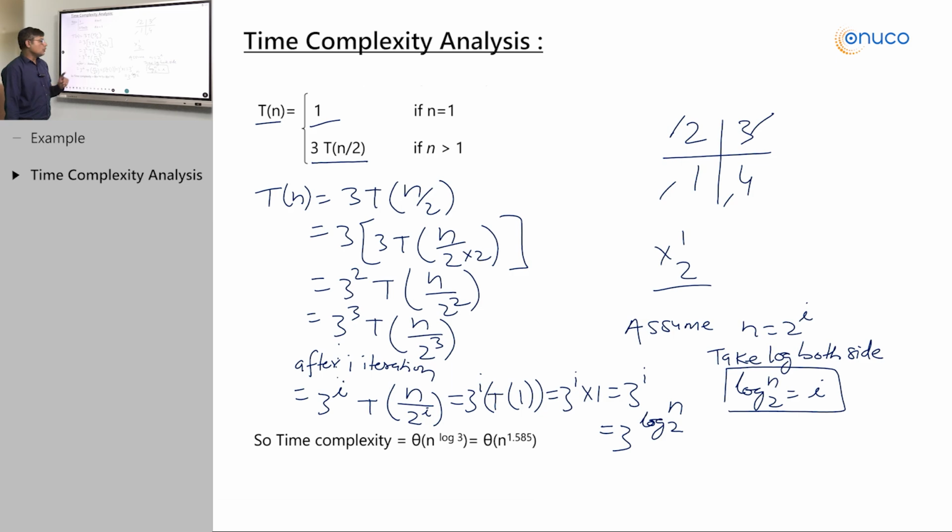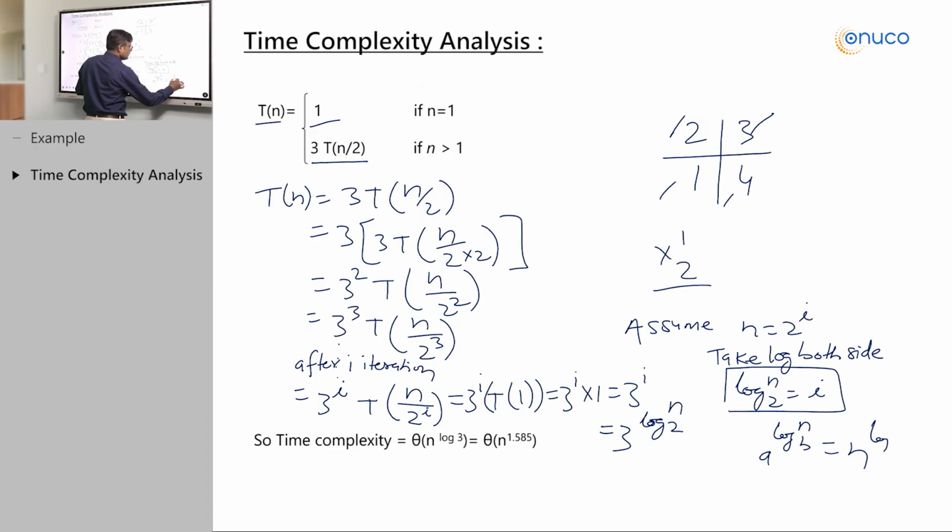Right? Now, by using a property of logarithms, we can say that a power log n base b can be written as n to the power log a base b. So we can swap this.